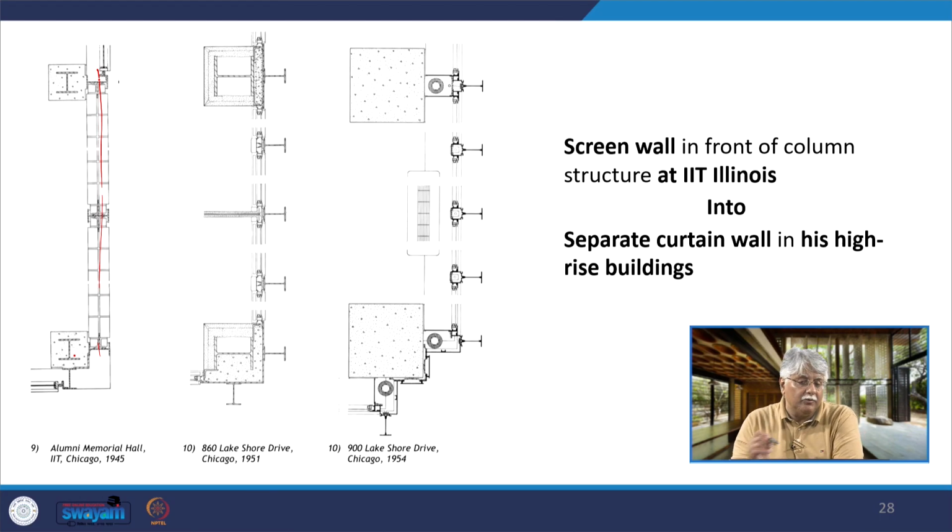But as we move on towards Lakeshore Drive Apartments, we find that in both the buildings, he has removed the screen wall and replaced it with a glass curtain wall. These are the I sections, and when I talk about tectonic articulation, these I sections are actually in front of the mullions between the glass panes, and they are highlighting those mullions.